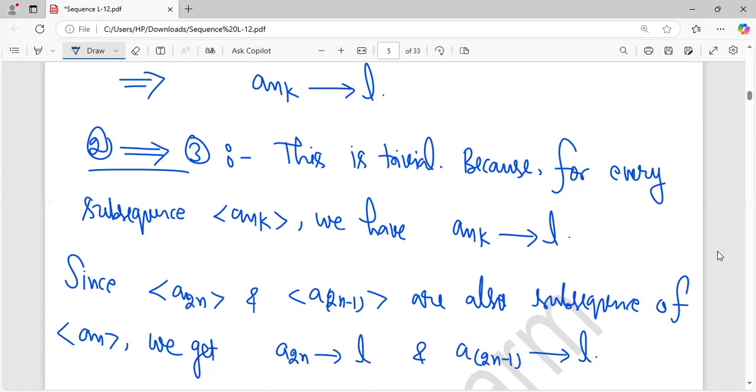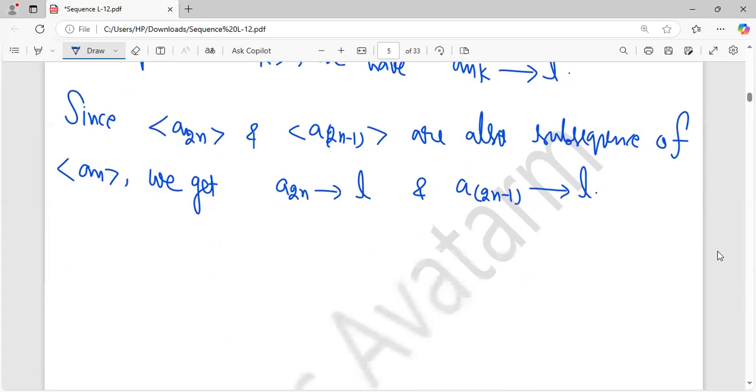If every subsequence is converging to L, the even and odd sequences are also subsequences of a n, so they will also converge to L. So this is trivial.